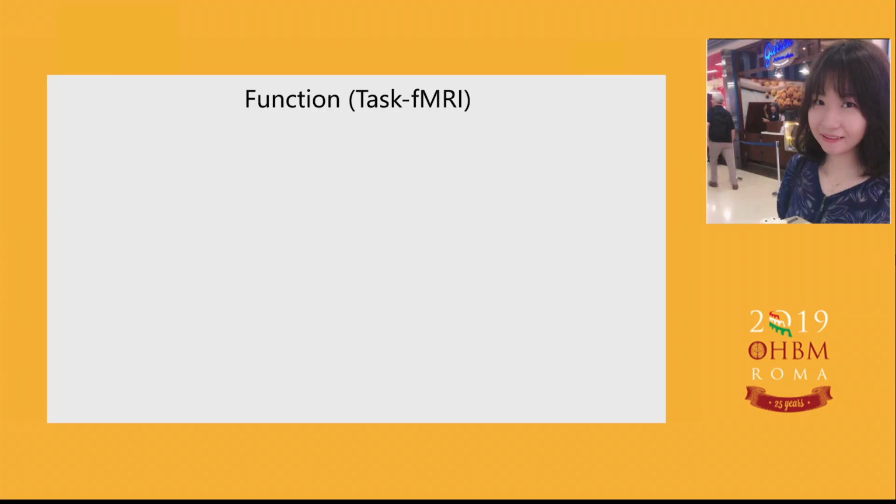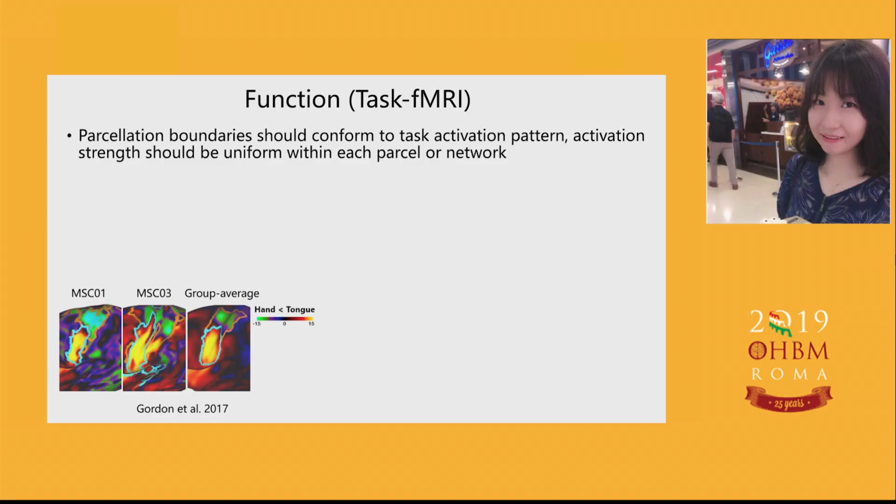To evaluate the function, we can use the task functional MRI. So this figure shows the task contrast maps and corresponding resting state networks from two MSC subjects, together with the group average contrast map. The blue color indicates the task activation in response to the hand movements.